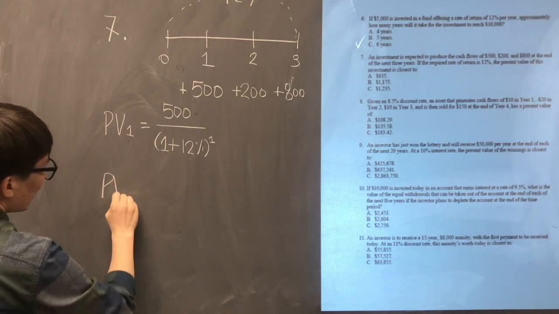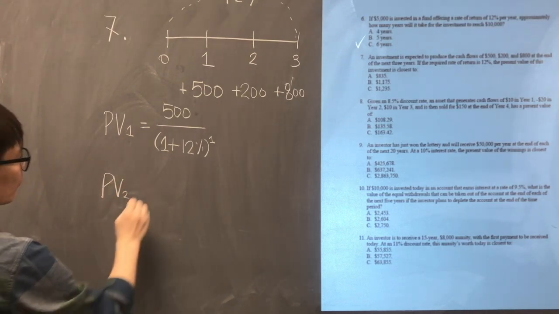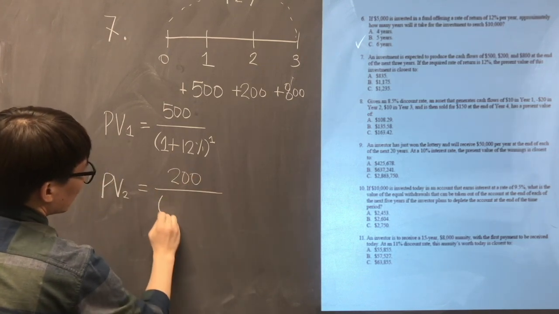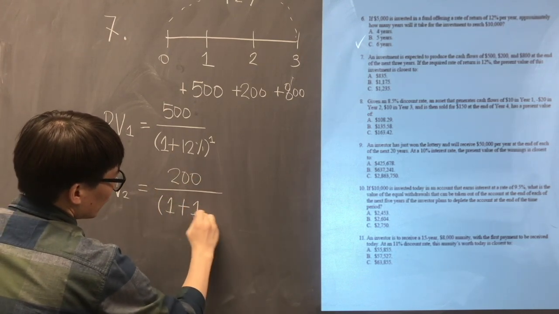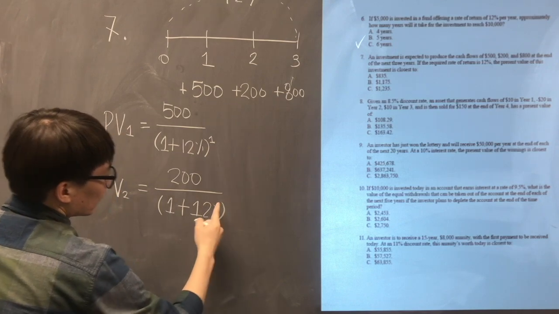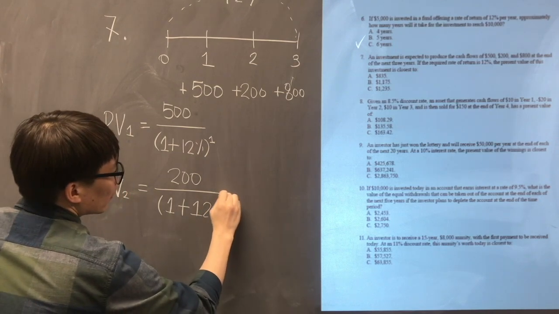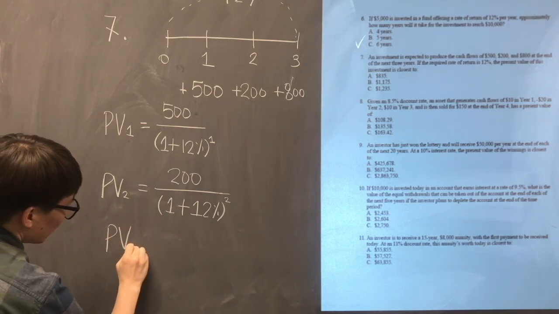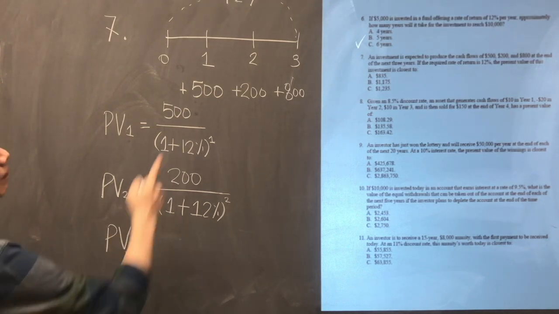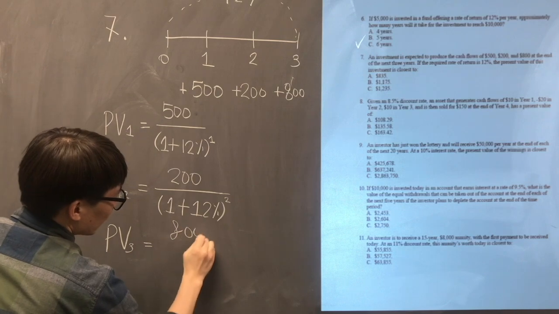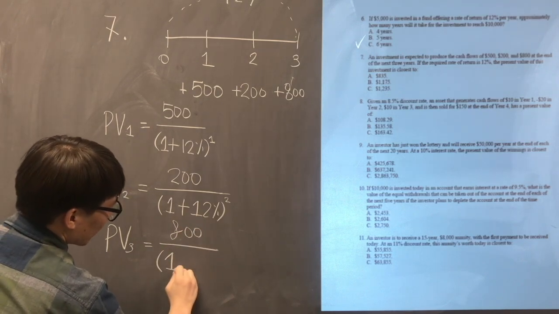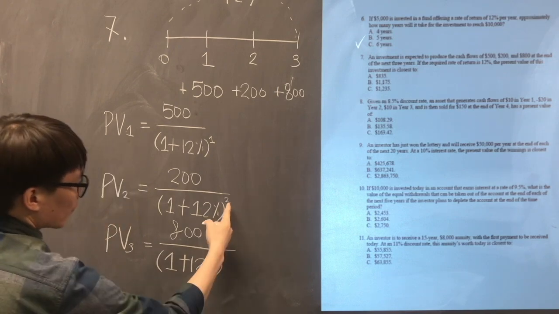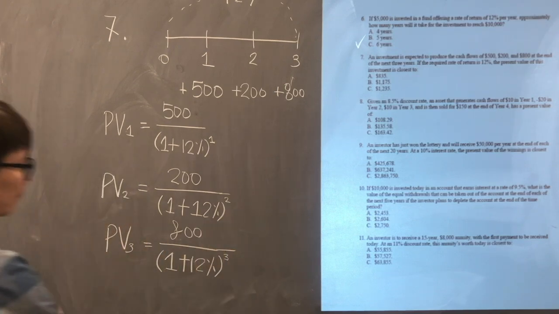What is the present value of end of year 2? 200 divided by 1 plus 12%. This is about year 2. Present value end of year 3, 800, year 3.